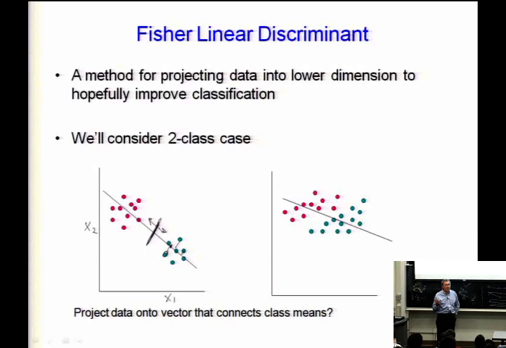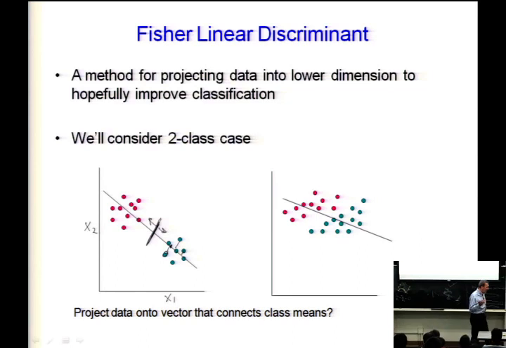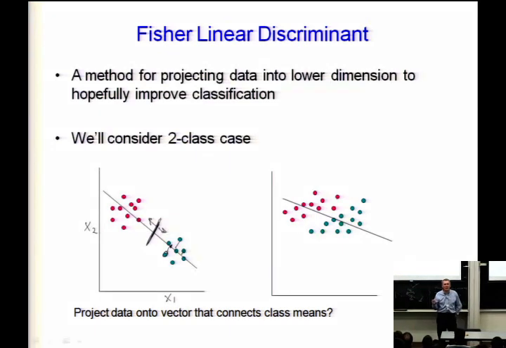You might well say to me, well, we could use PCA and just take the first dimension generated by PCA, that unsupervised learning method, which will first choose the direction of maximum variance in the data.